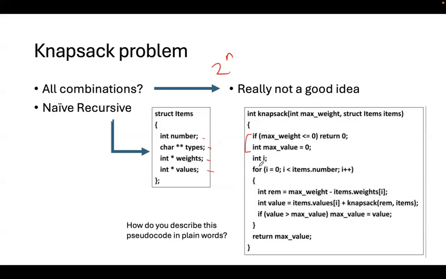Otherwise, we go through each of the items and we say, let's take away this current item. And then we say, okay, what's the value of my knapsack if I choose this item and whatever's left? And then when I get that back, if that value is bigger than what I currently have, then update that. We just do that for each item, and then we return the max value.